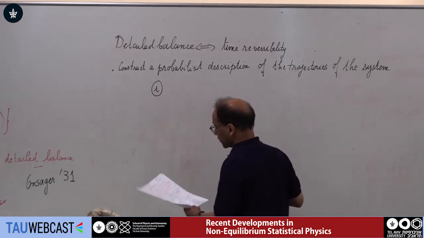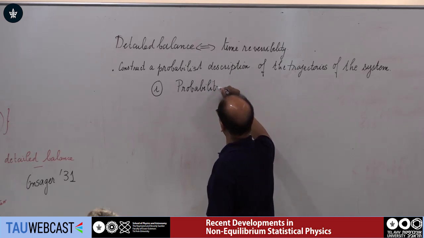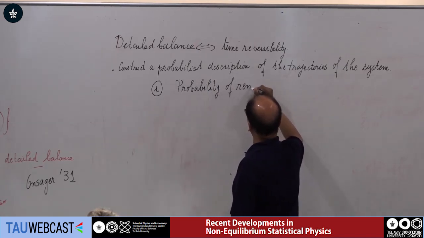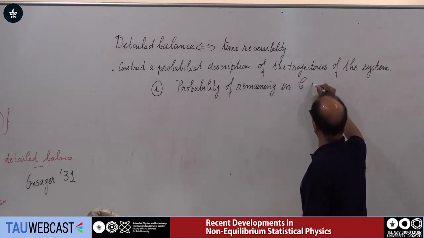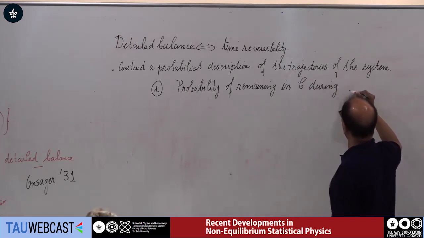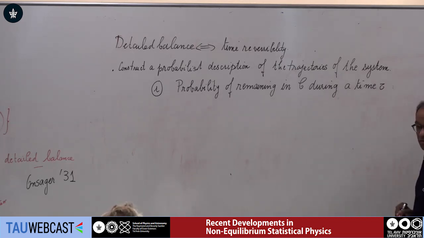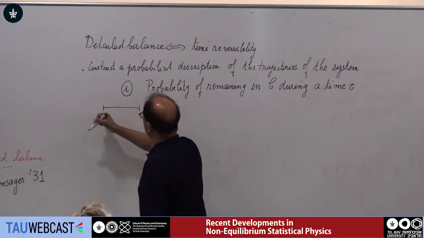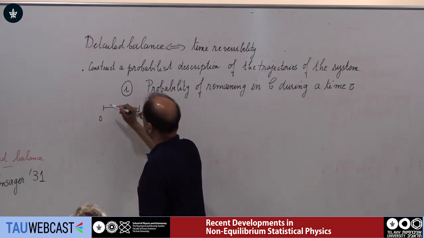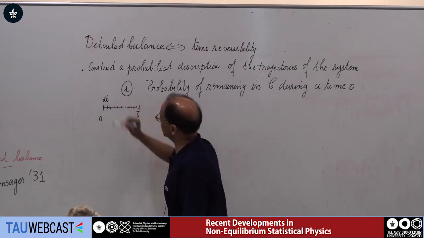First of all, what is the probability of remaining in a configuration C during some time, a time tau. Well, let's compute it. So we have a time tau, from t to t plus tau, from 0 to tau. What is the probability that I don't move? Well, I will just cut my interval tau in small intervals dt.